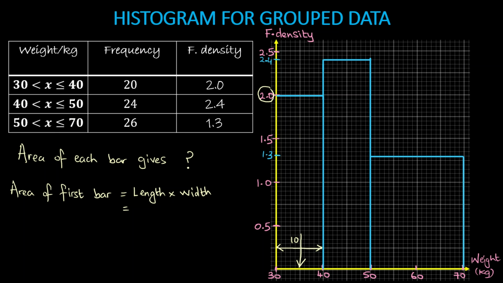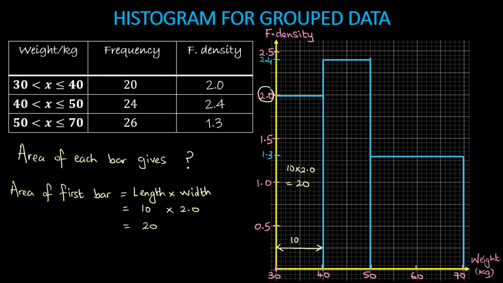So the area will be simply 10 times 2.0, which gives 20. So let me write it here. Here I have an area of 10 times 2.0, which is 20.